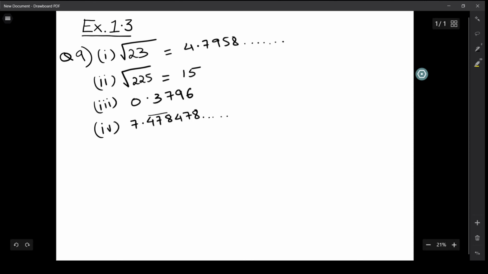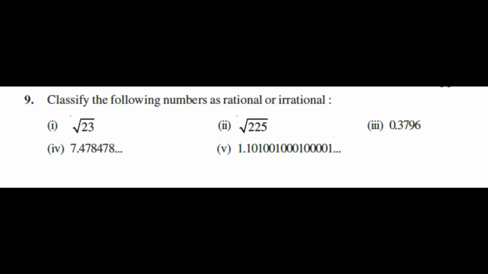Here we see that the digits 4, 7, and 8 are repeating themselves. We can represent this in this form. So we know that although it is a non-terminating sequence, it is still a recurring sequence. And by that definition, this number is a rational number.